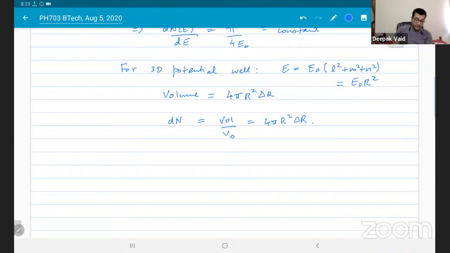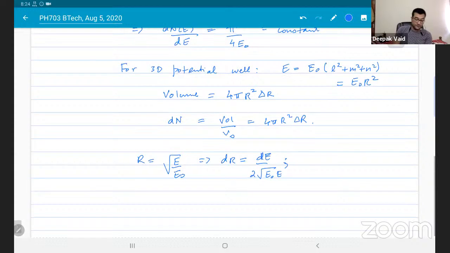So once again, we have that R is equal to root of E by E naught. So dR is equal to 1 by 2 root of E naught times E times dE.